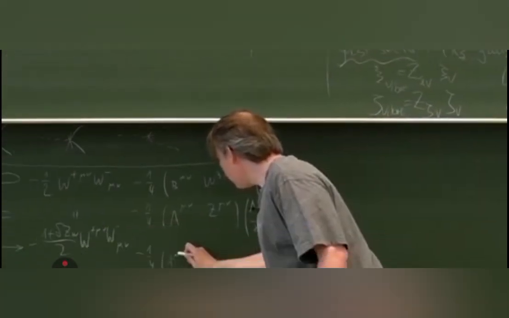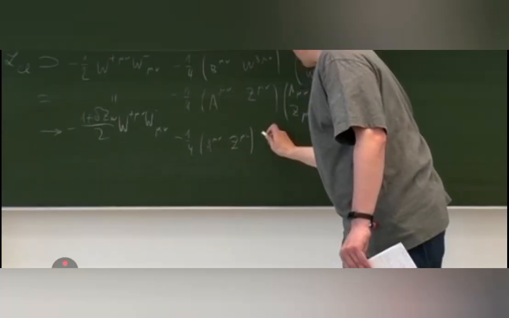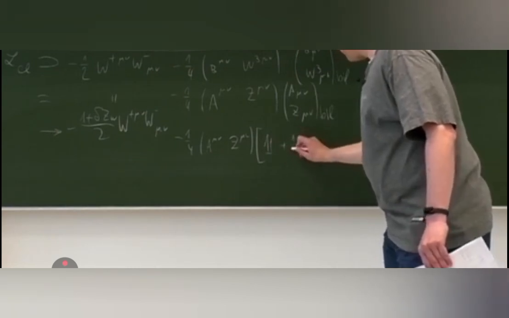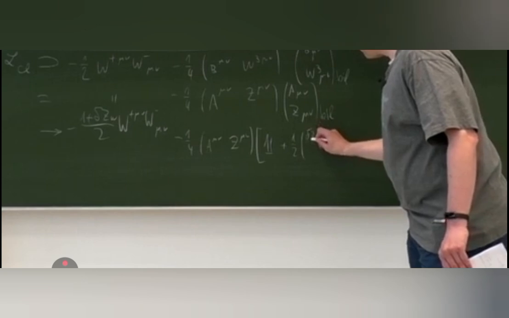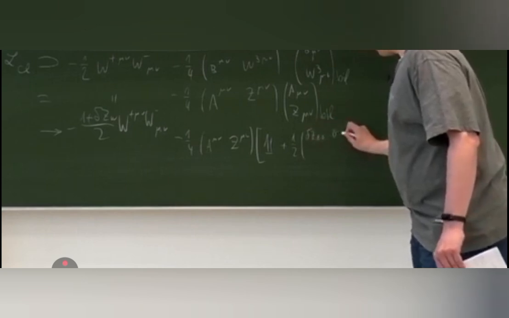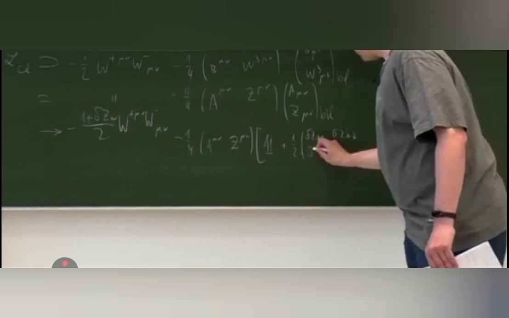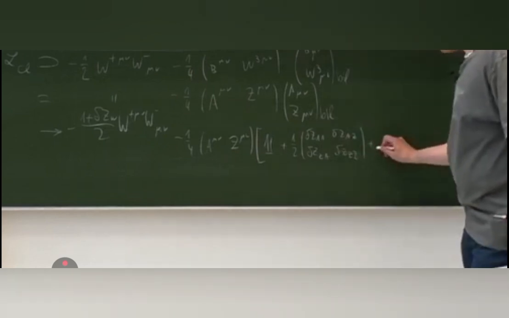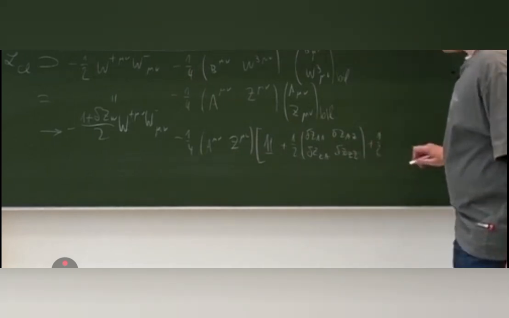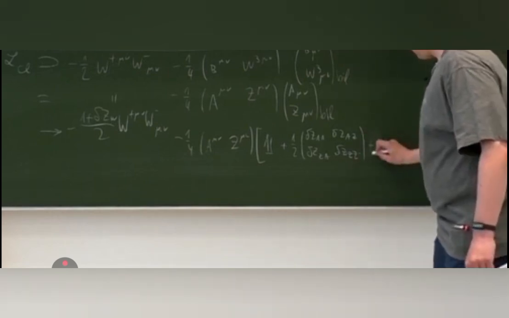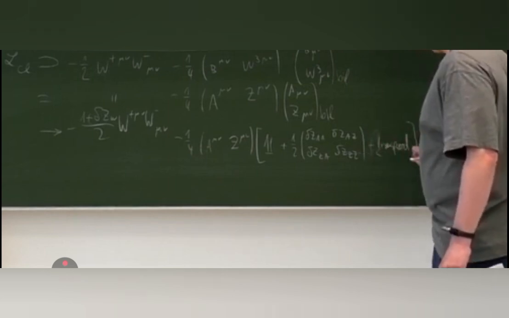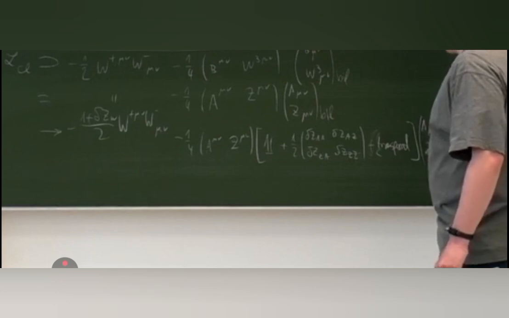So let's write it, A mu nu, Z mu nu, and in between we have now the following matrix: unit matrix, plus 1/2 times delta Z AA, delta Z AZ, delta Z ZA, delta Z ZZ, plus the same thing transposed, times A mu nu, Z mu nu.